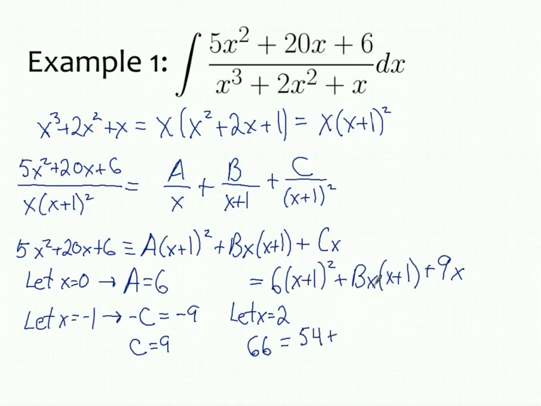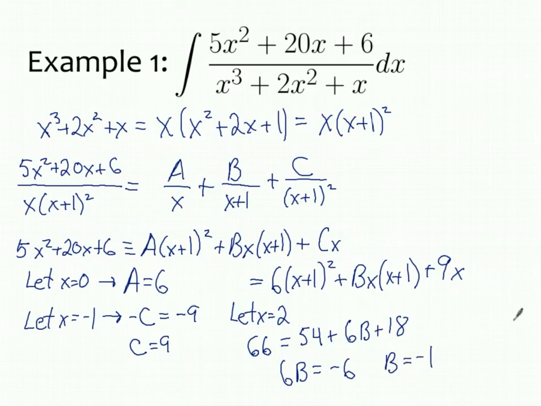Plus 2 times (2 plus 1), which is 3, times 2 is 6. So this is 6B plus 18. Then I can solve this for B. What do we get here? 6B equals 66 minus 54 minus 18, that's 72, subtract 72, we get negative 6.